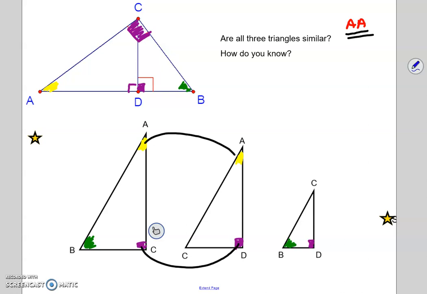And we can say the same thing between the larger triangle and the smaller triangle, because again, we've got one pair of angles that are the same, the 90-degree angles, and then a second pair of angles that are the same. So the large triangle is similar to the medium one, the large triangle is similar to the small one, and so therefore the medium and small one must be similar too. All three of those are similar triangles because of the angle-angle similarity postulate.